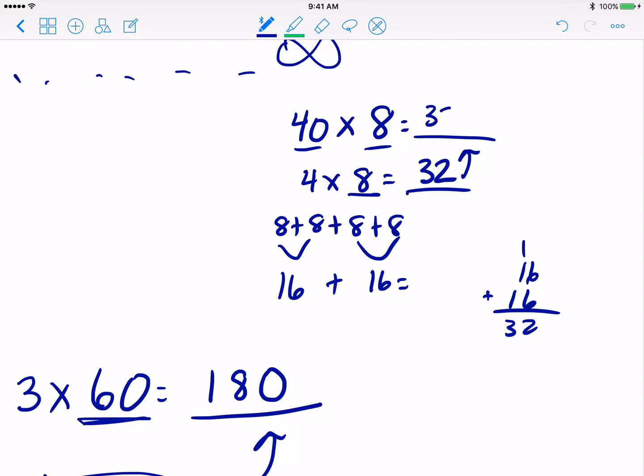So it's going to be 320. Anytime a number is 10 times bigger, it's moving to the left, and you're going to put a 0 in the ones place. Okay? So use our friendly fact to help us find the product of our multiple of 10.